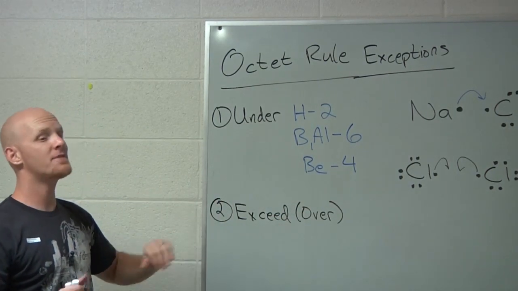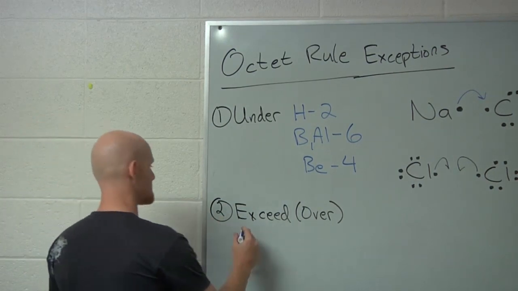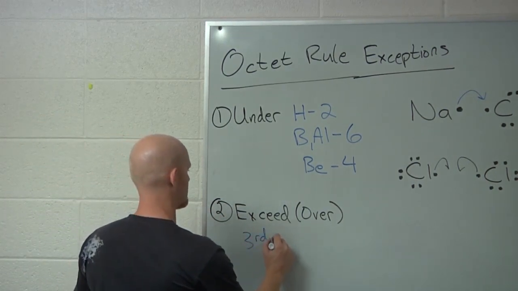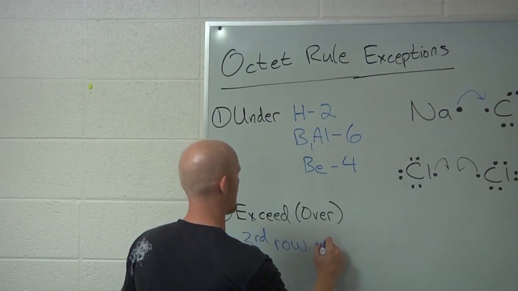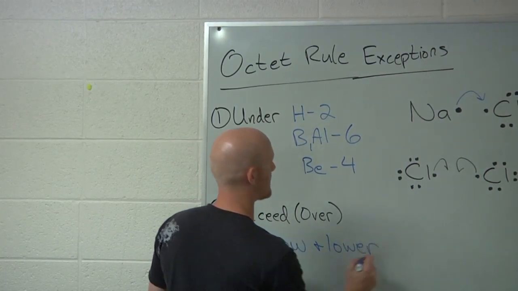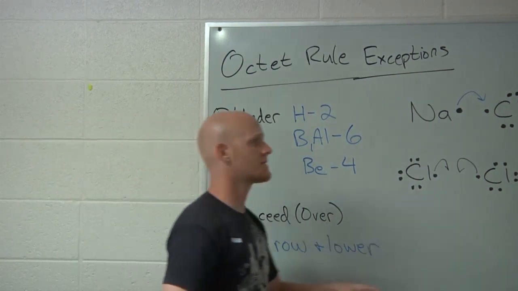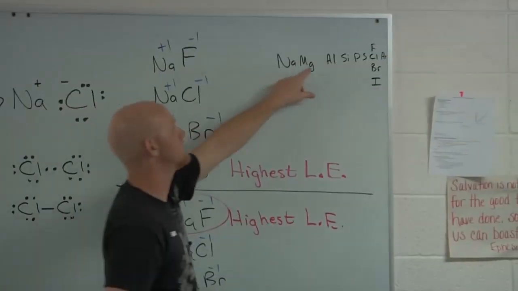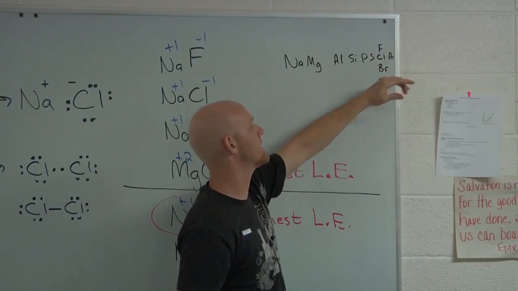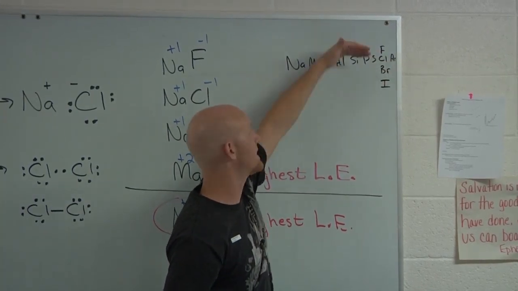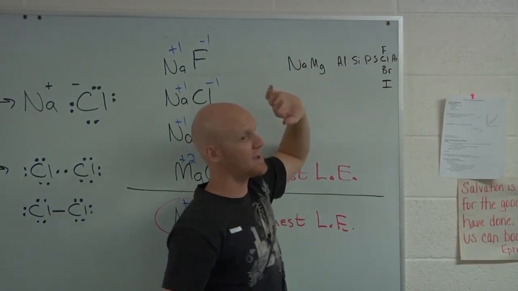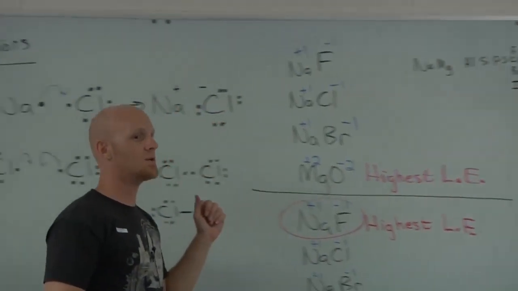They don't have to, but they can. In this case, it's typically your 3rd row elements and lower on the periodic table. Here's the 3rd row: sodium, magnesium, aluminum, silicon, phosphorus, sulfur, chlorine, argon. The 3rd row and lower. The 2nd row or the 1st row, they can't do it. It's only the 3rd row and lower.